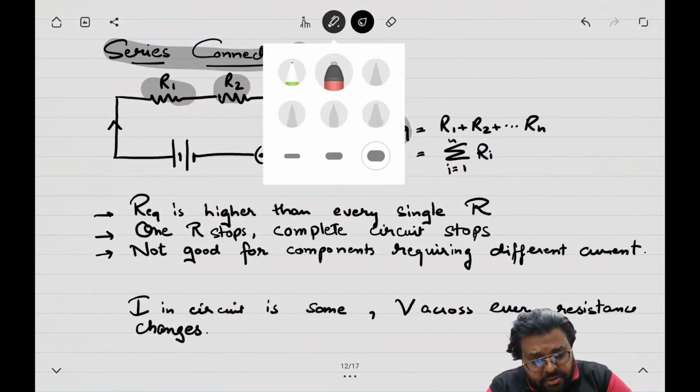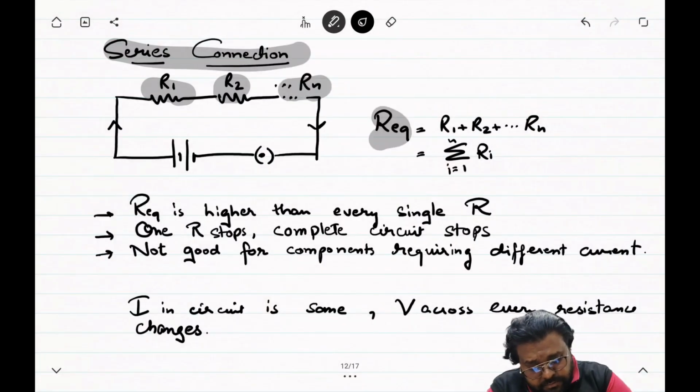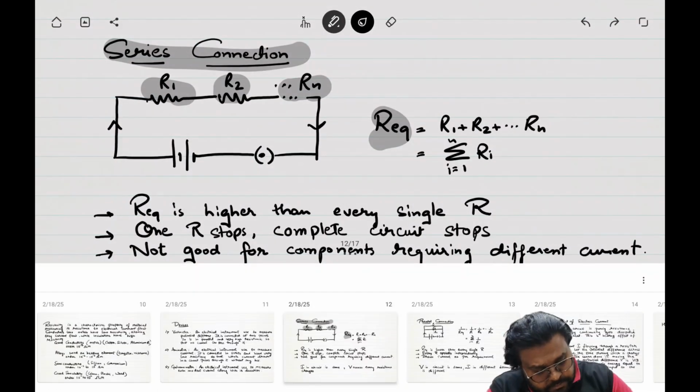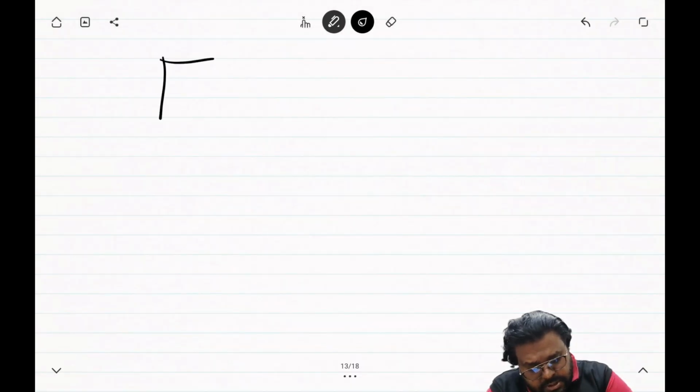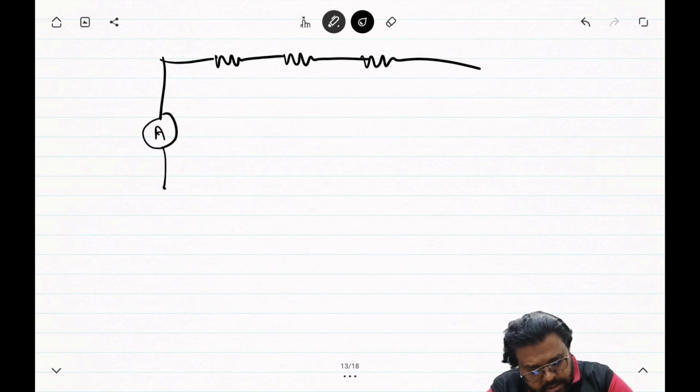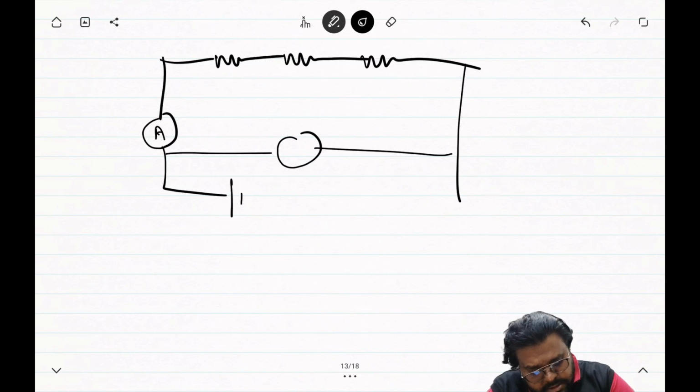There is a derivation also, that the potential drop across. Okay, let me explain that. Suppose this is a resistance R1, R2, R3. This is total A. This is total V which is given to me. This is a battery which I am connecting.